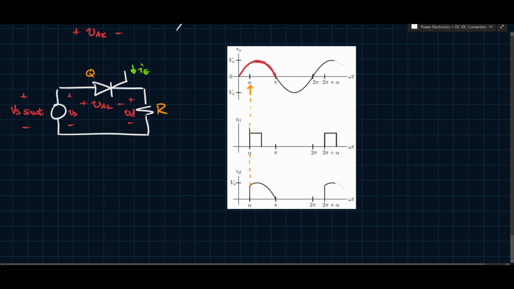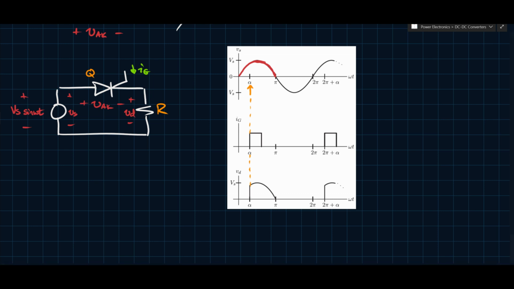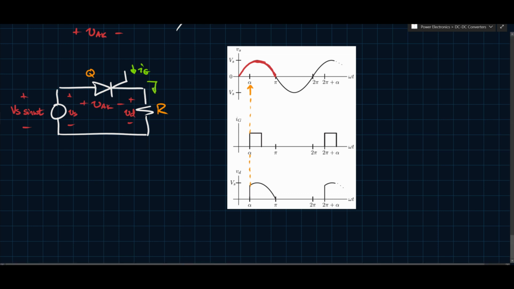In any case, we see that this pulse is applied, and after this voltage goes to 0, we know that the current through this resistor, let's call it ID, would be proportional to Vs, namely Vs divided by R. It would have the exact same shape, and it would cross 0 at the exact same time.